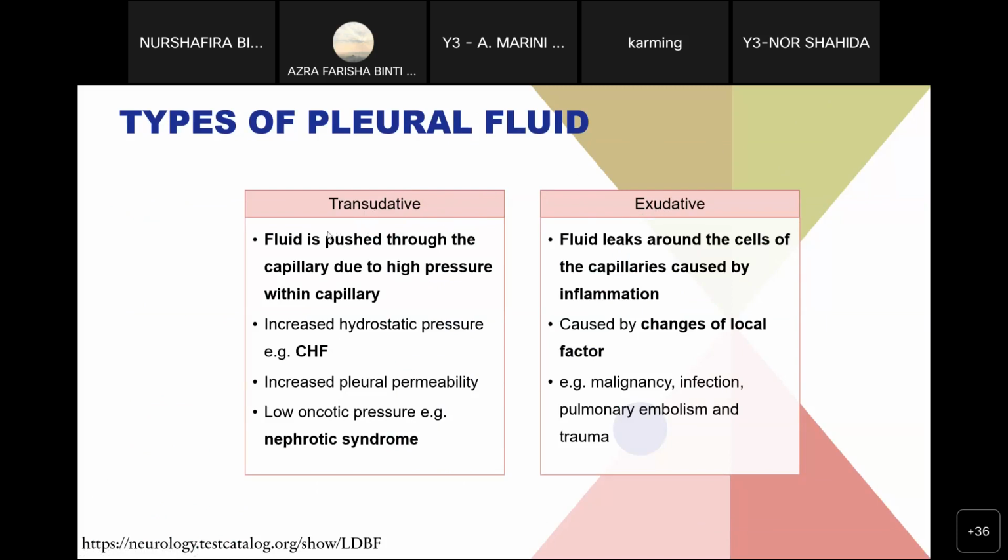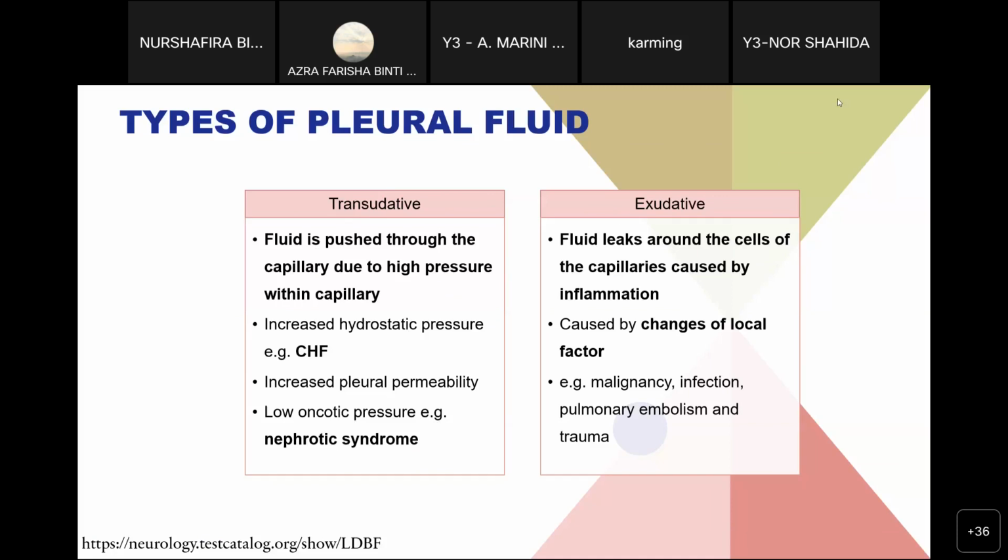Transudate is produced when fluid is pushed through the capillary due to high pressure within the capillary itself, such as in increased hydrostatic pressure in congestive heart failure. It also occurs when there is increase in pleural permeability or low oncotic pressure, such as in nephrotic syndrome.